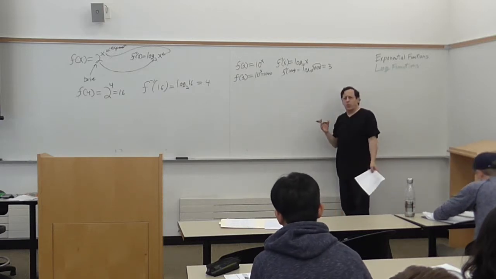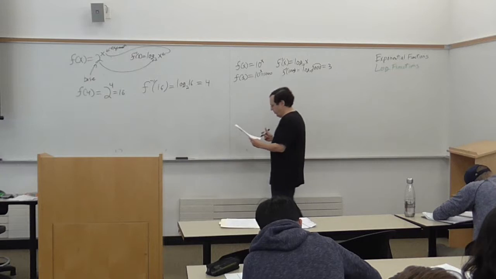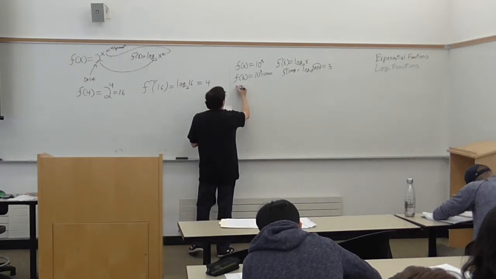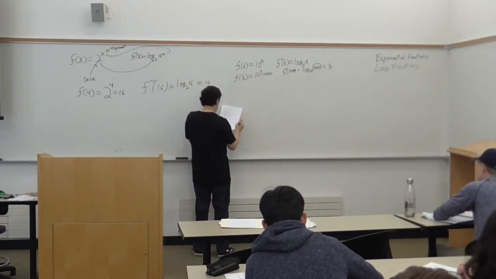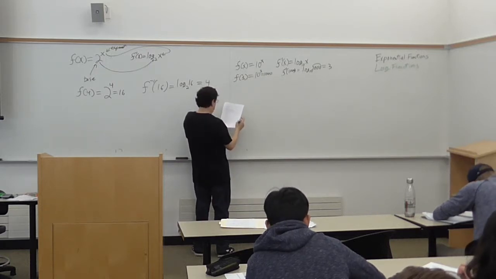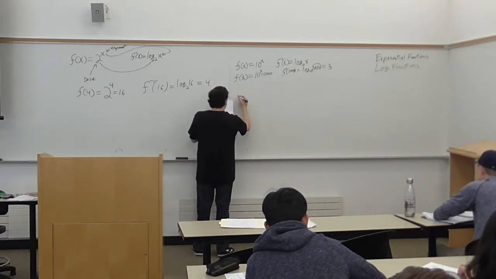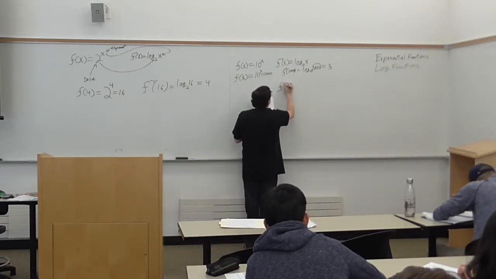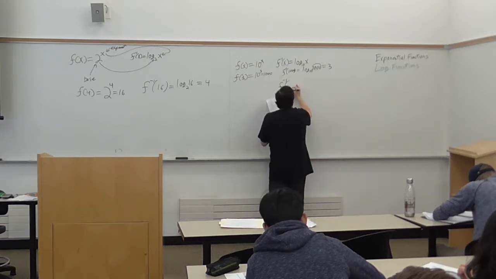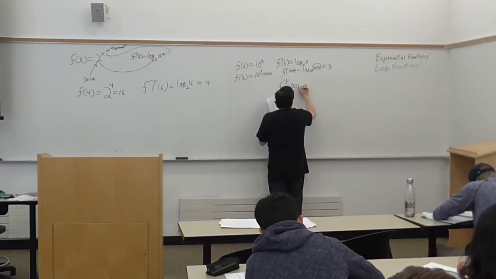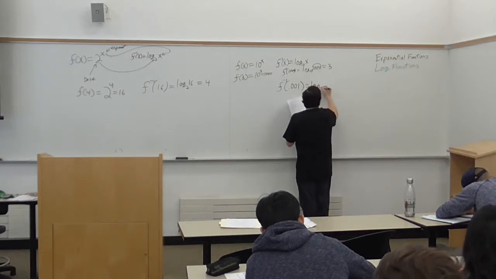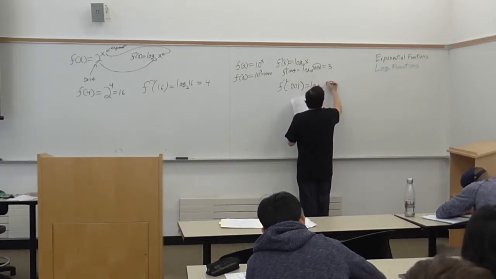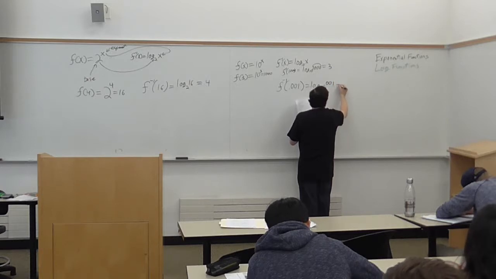All right, let's try one that's a little more confusing. See if we have a handle on this. What is the inverse function of 0.001? That is the log to the base 10 of 0.001.